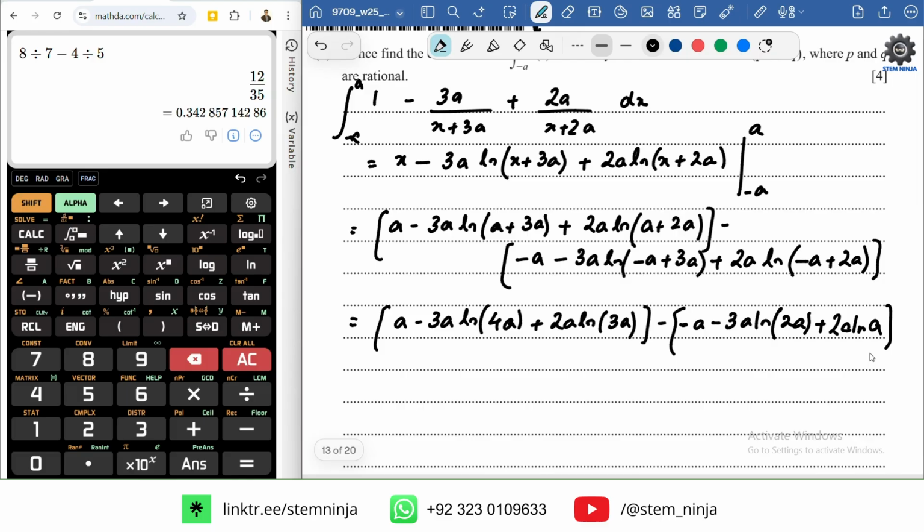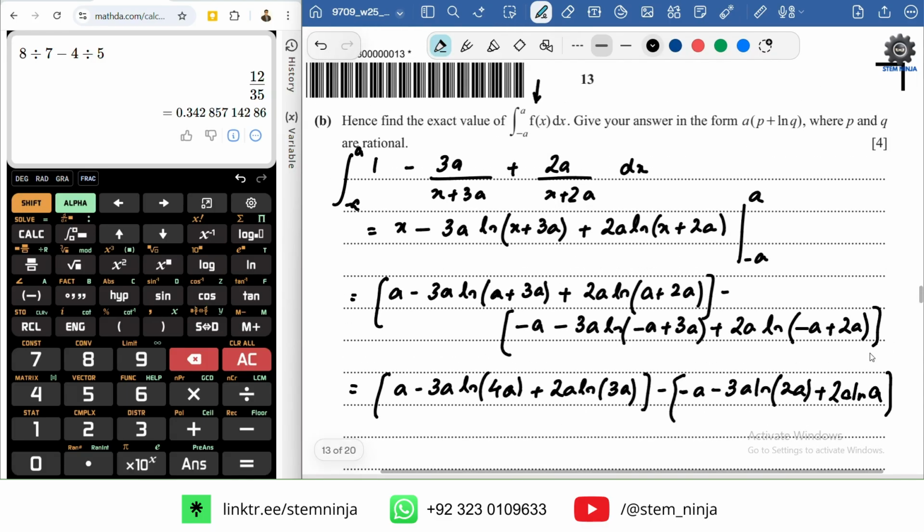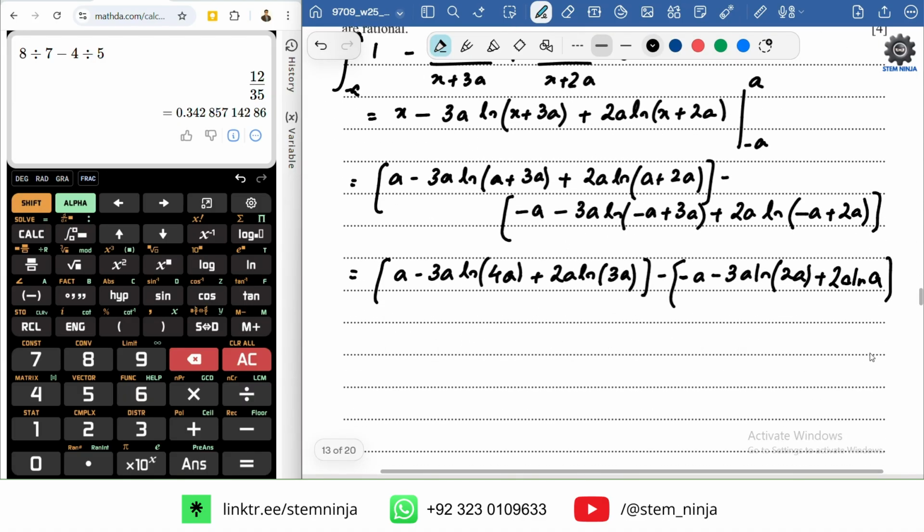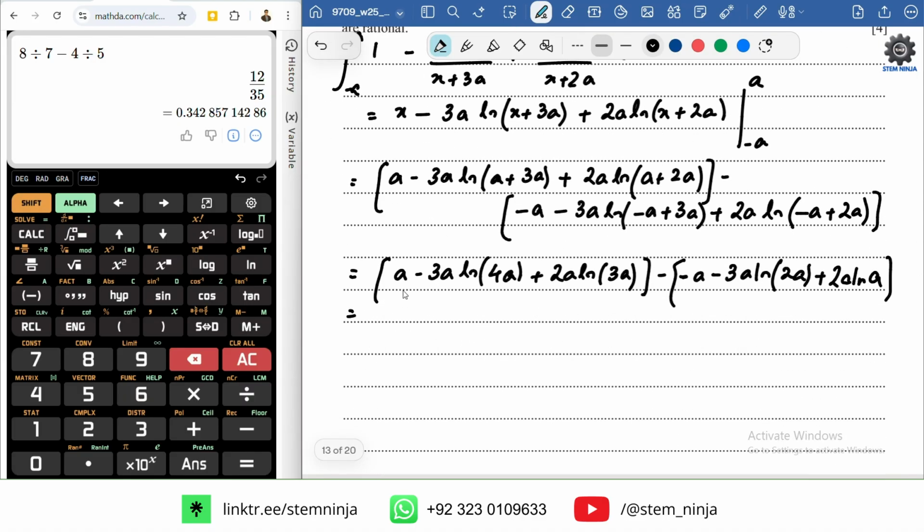Okay, we need to continue simplifying this, right? Okay, so you have a plus a, that is 2a. You can multiply the minus inside, right? So you have, I'll just simply copy this.